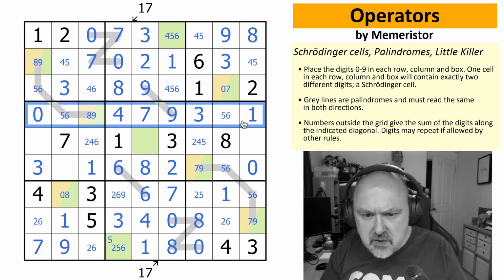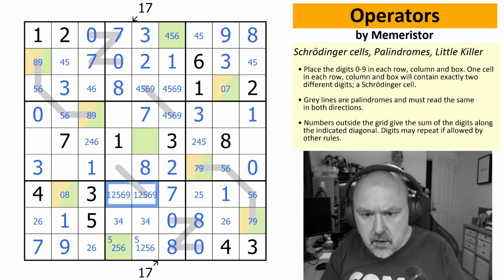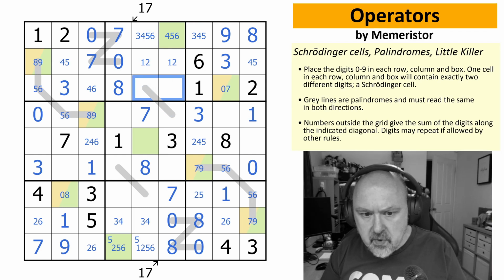Where the heck is 2 in that row? When did I fill that out?